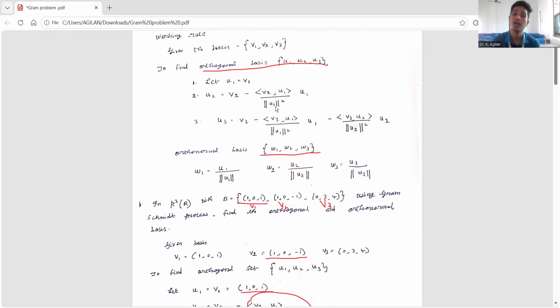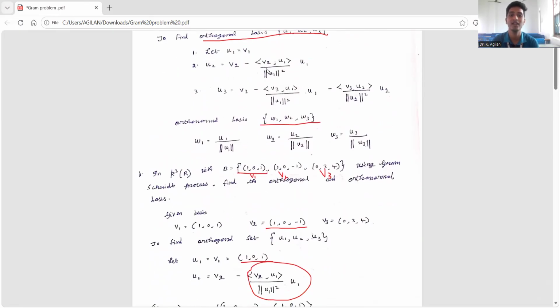And also, how to find norm of U1 square? Norm of U1 square is equal to the inner product of U1, U1. Substitute the U1 value for both terms, multiply the corresponding values, and then add them. Then we can get norm of U1 square. Similarly, we can find norm of U1, which is equal to square root of 2.